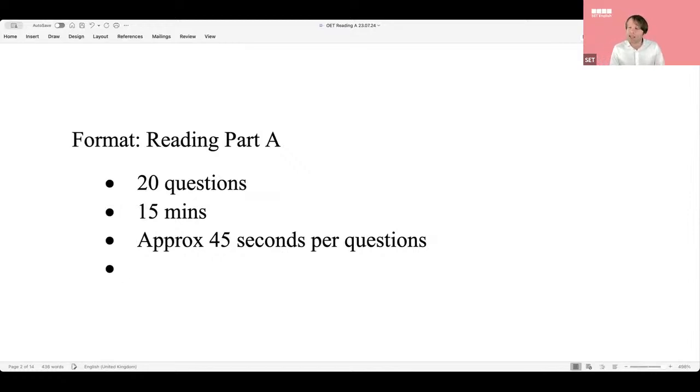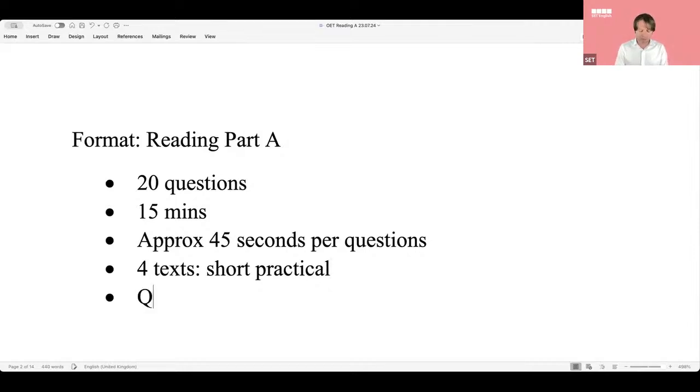How many texts do we have? We have 4 texts. And they're short, practical texts.